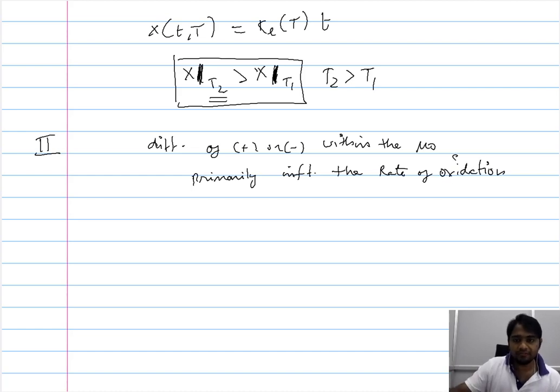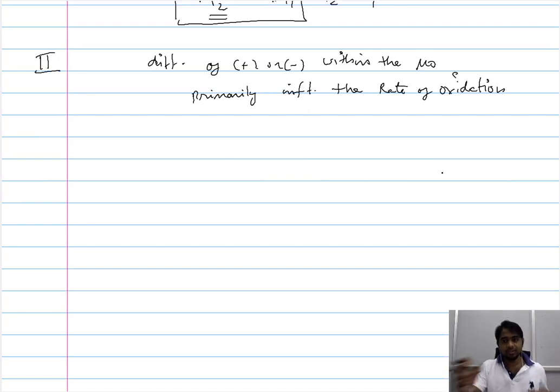So what we then have is, depending on how fast the ions are propagating within the metal oxide layer, the oxidation rate as a whole is dependent on it.